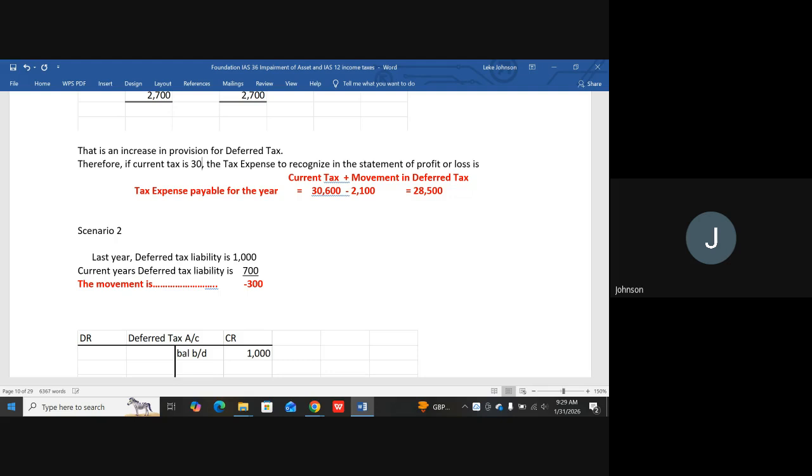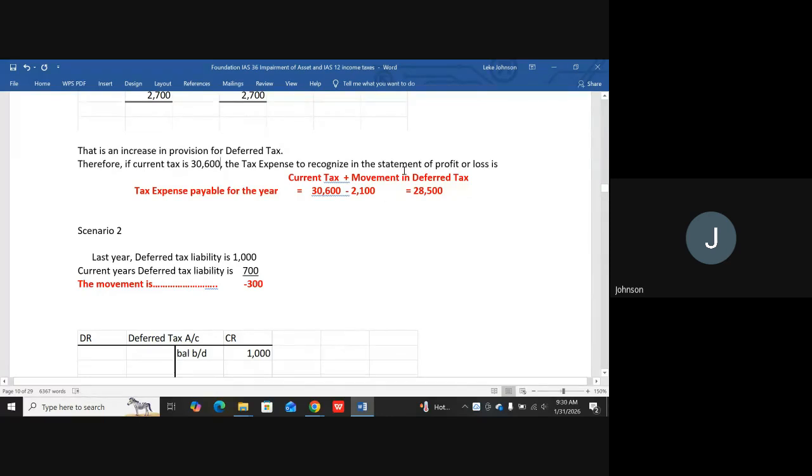So if current tax is 30,600, then the tax expense recognized in the statement of profit and loss is going to be the current tax plus the movement in deferred taxes.